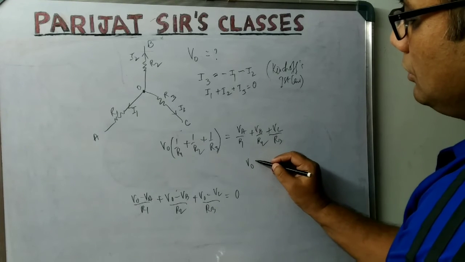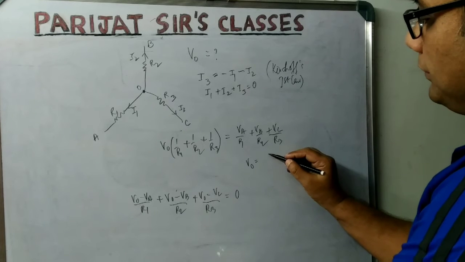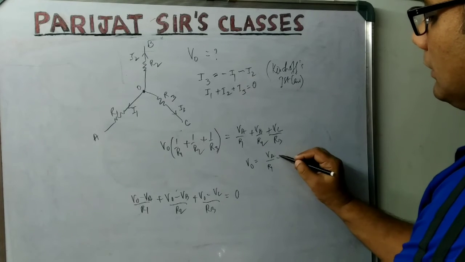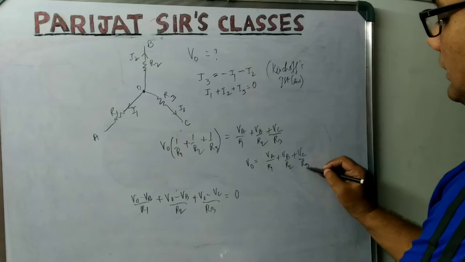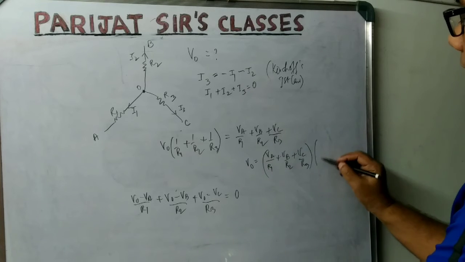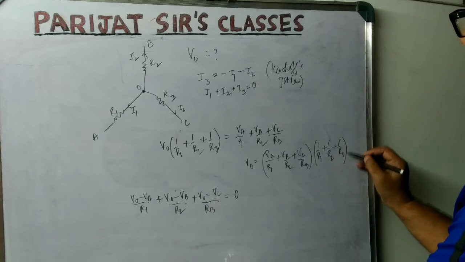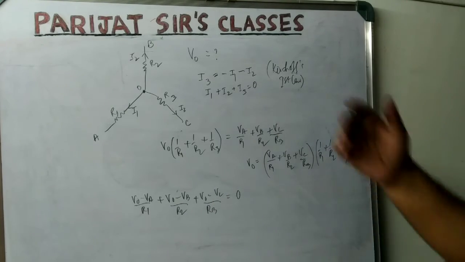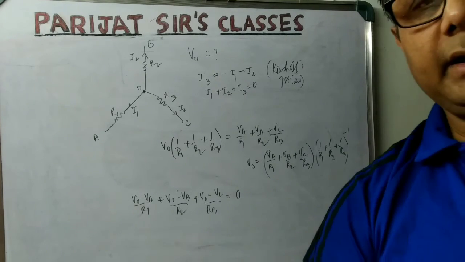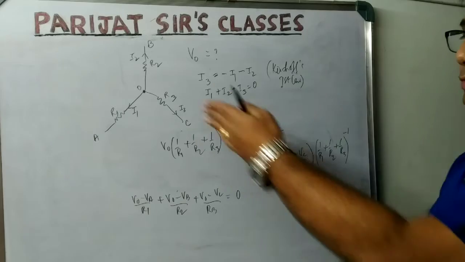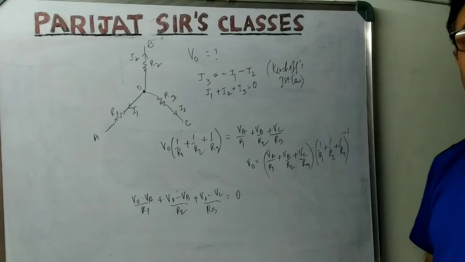So VO will be this by this: VA by R1 plus VB by R2 plus VC by R3, divided by 1 by R1 plus 1 by R2 plus 1 by R3, that is, to the power minus 1. If the values are known to you, you can easily put the values and calculate it. I hope you understood. Please watch the video again so that you can get the solution.